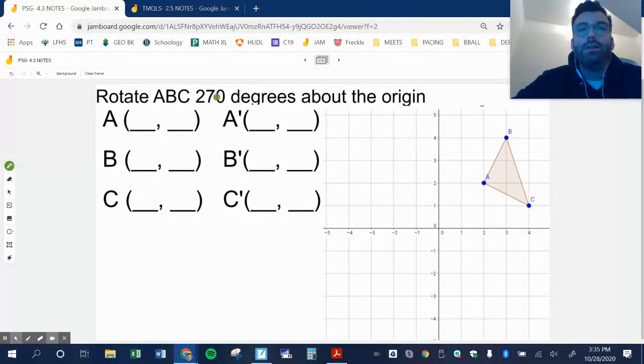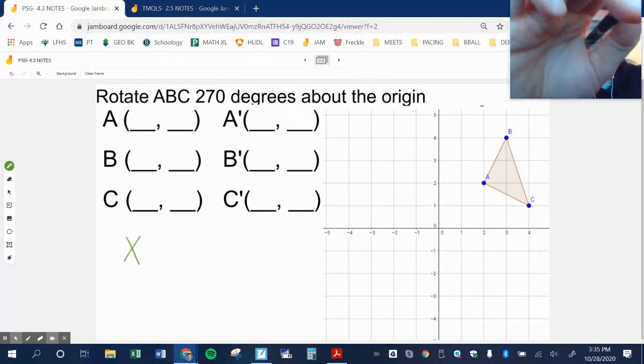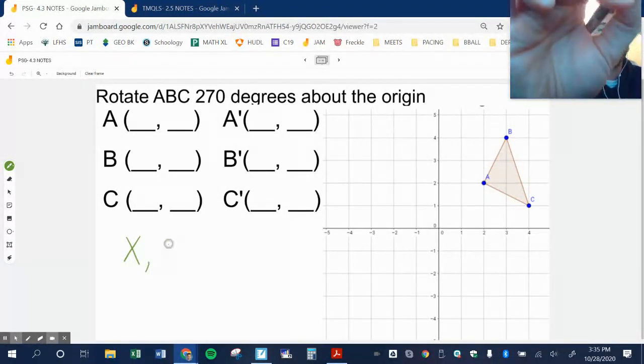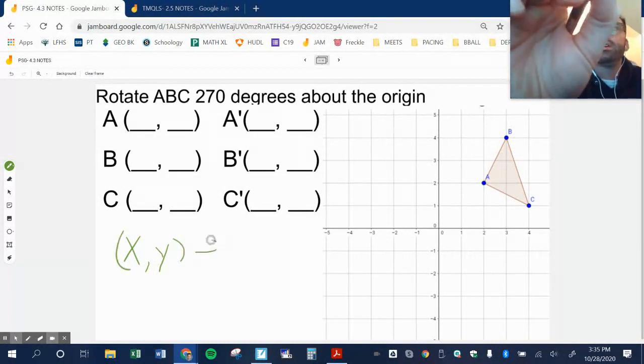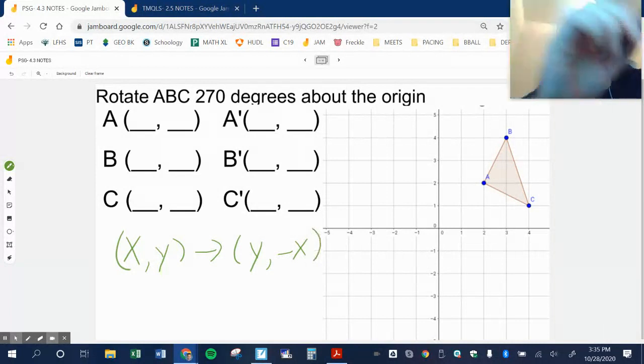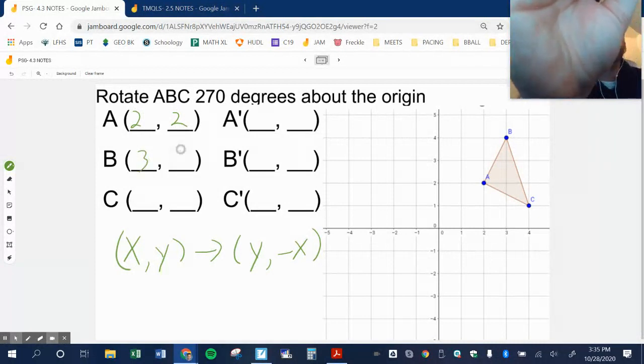So I got to rotate ABC 270 about the origin. If it's 270, what do we do for 270? X comma Y becomes Y, negative X. Okay, so A is 2, 2, B is 3, 4, and C is 4, 1.